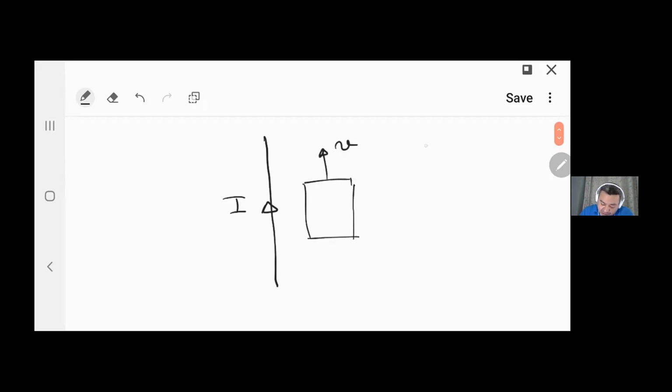Now, if you recall the magnetic field for such a case, B equals mu naught I divided by 2 pi r. To make it simpler, I know that the magnetic field to the right of the wire will be pointing inside.